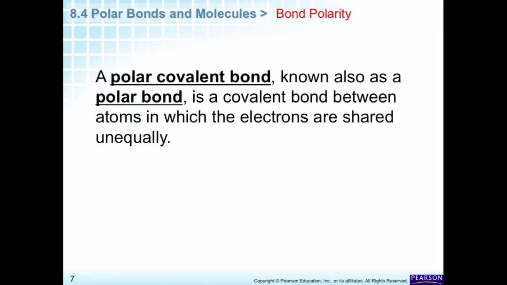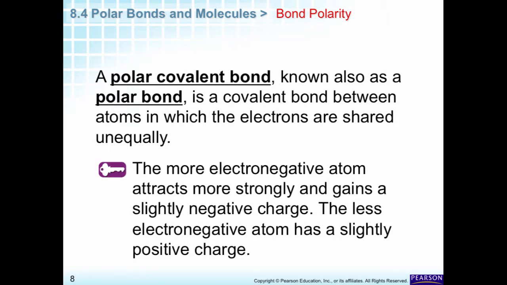Now, a different type of covalent bond is a polar covalent bond. All this means is that the bond itself is going to have the electron closer to the nucleus of the more electronegative species. So there we go.